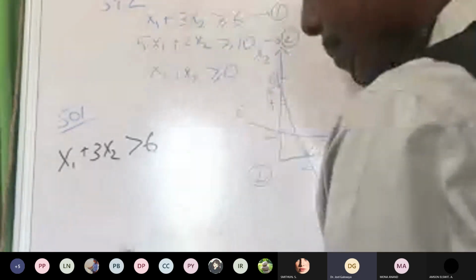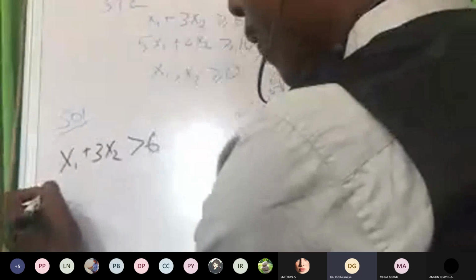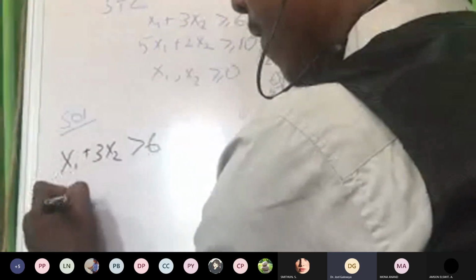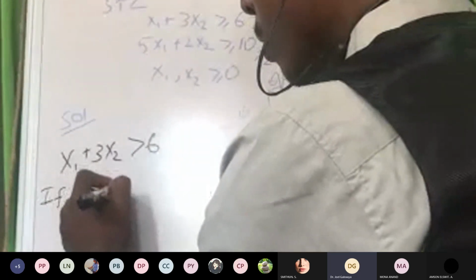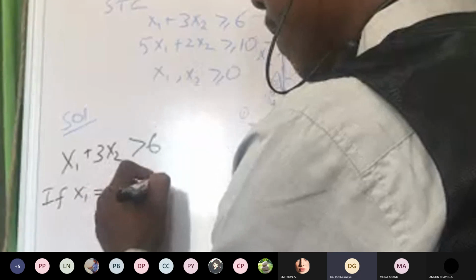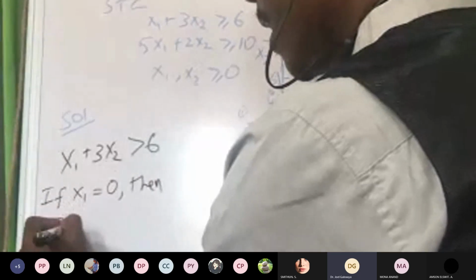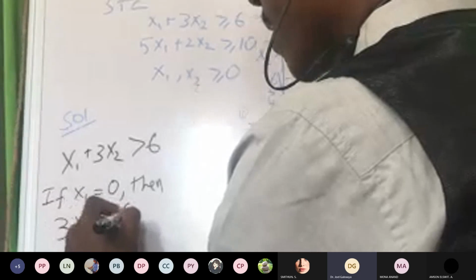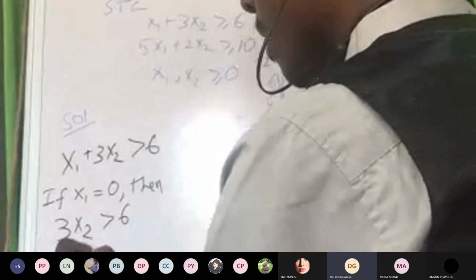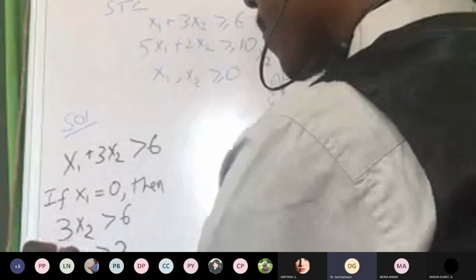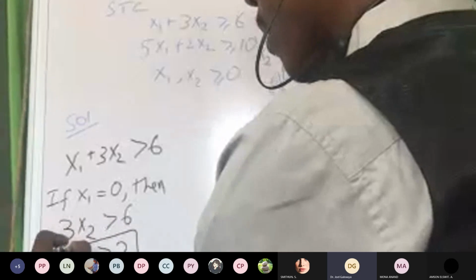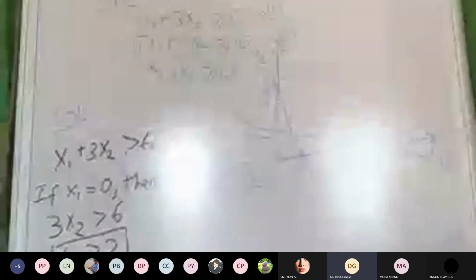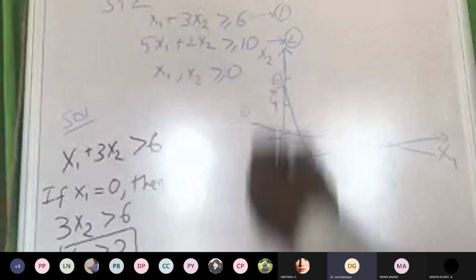So there we go. Here, if x1 is equal to 0, then what do we have? Then 3x2 is greater than 6. Now, x2 is greater than 2. So, where is the axis of x2 on our plot?